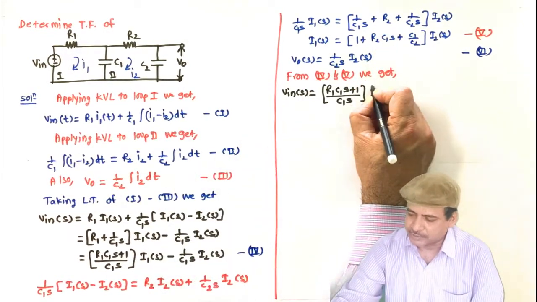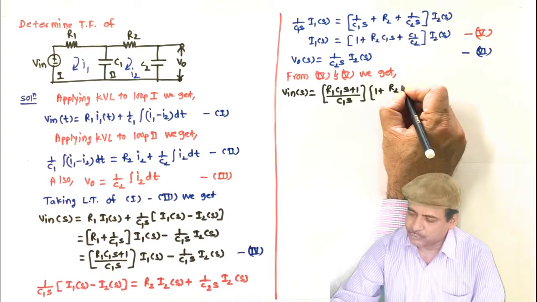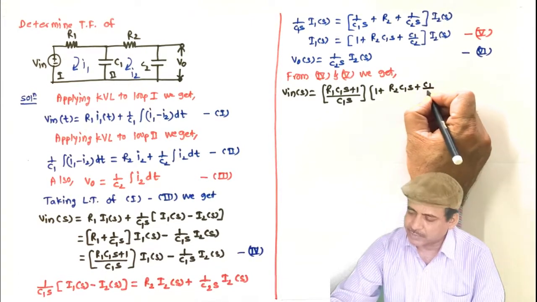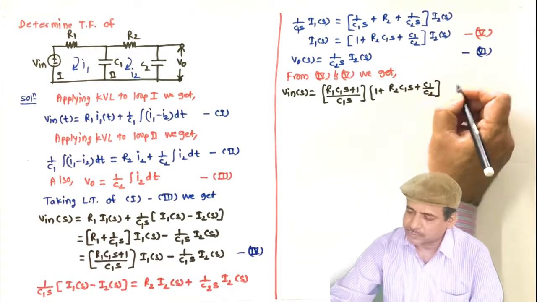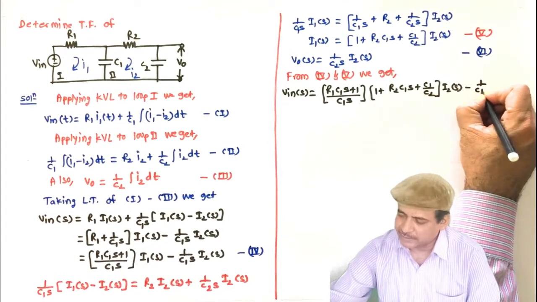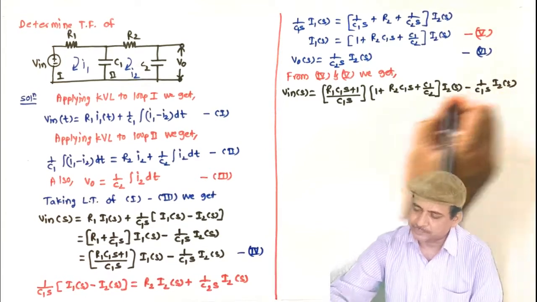It is 1 plus R2 C1s plus C1 by C2, into I2 of s, minus 1 by C1s I2 of s.